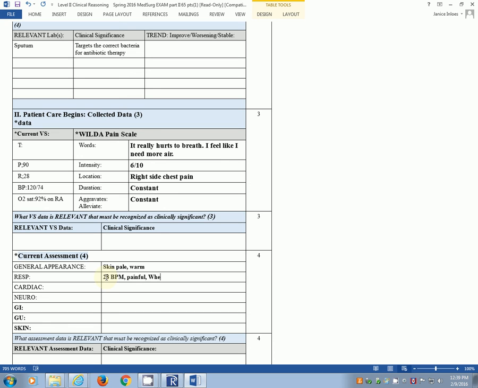We hear wheezes bilaterally in lower lobes. Cardiac, heart rate regular, rhythm.